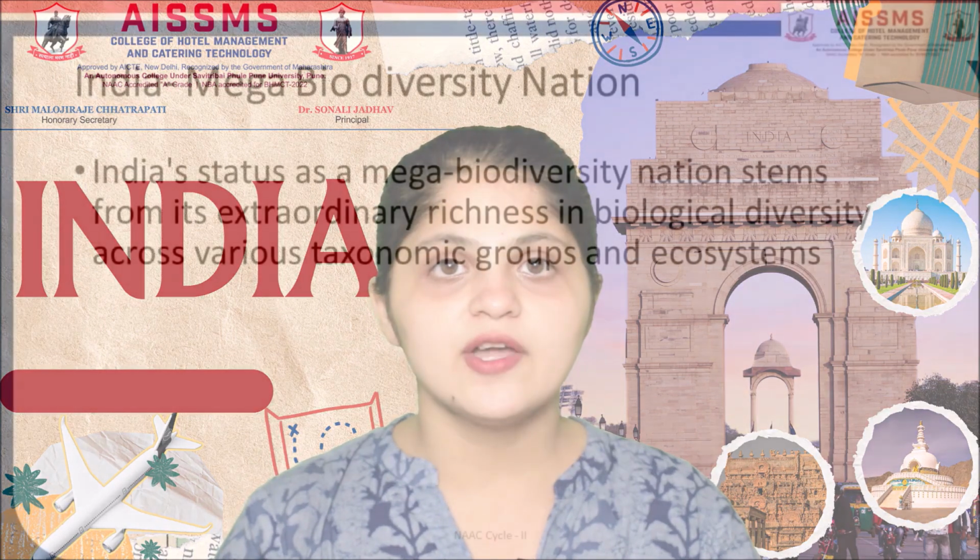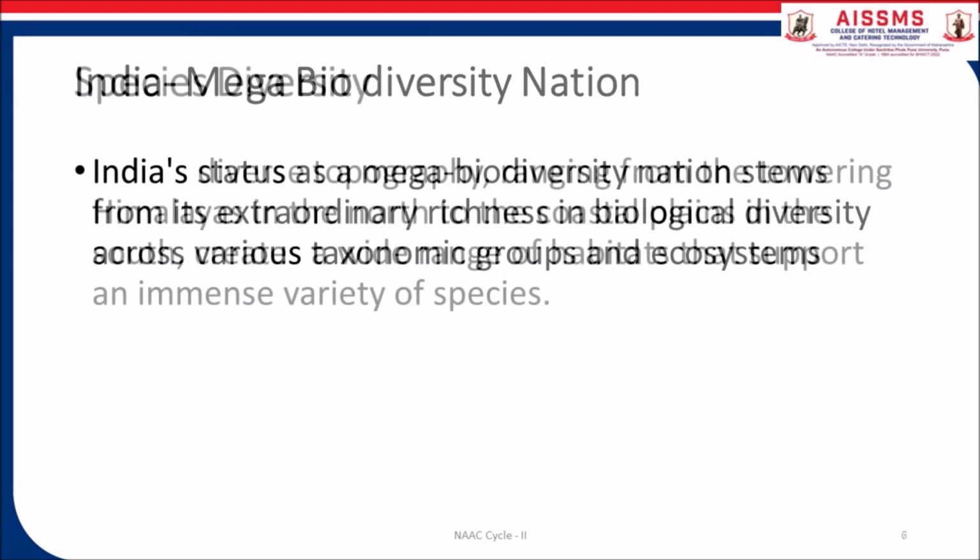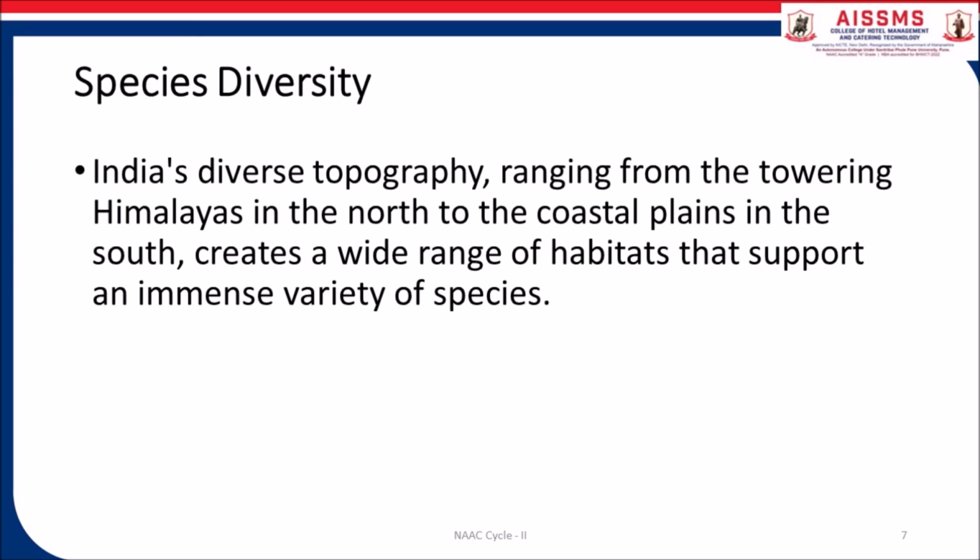India as a mega-biodiversity nation. India's status as a mega-biodiversity nation stems from its extraordinary richness in biological diversity across various taxonomic groups and ecosystems. Species diversity. India's diverse topography, ranging from the towering Himalayas in the north to the coastal plains in the south, creates a wide range of habitats that support an immense variety of species.